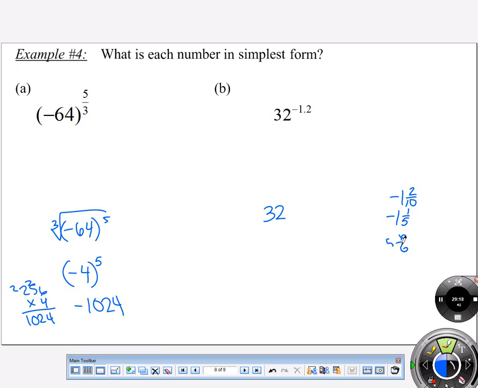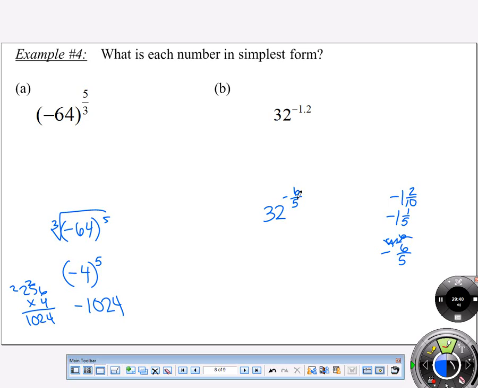Okay, so I would get negative 6/5 as my exponent. Okay, so if you get a decimal exponent, try rewriting it as a fraction, since that's how we think about the rational exponent. Technically, that decimal ends, so it's a rational number, but it's a little more understandable if we see it in fraction form.